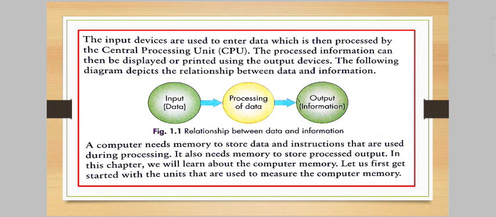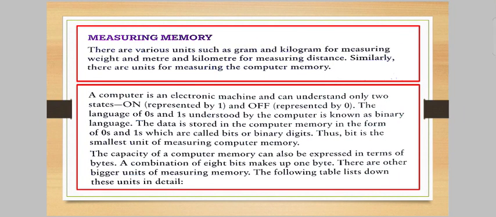Now I am going to discuss the units of memory. There are various units such as gram and kilogram for measuring weight, and meter and kilometer for measuring distance. Similarly, there are units for measuring computer memory.